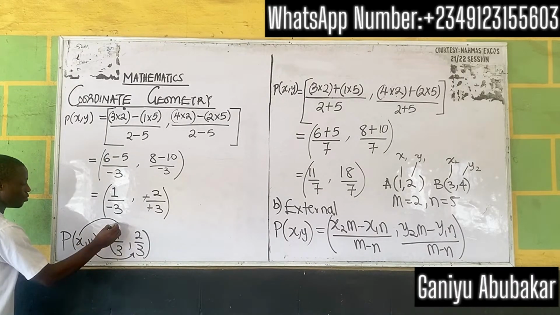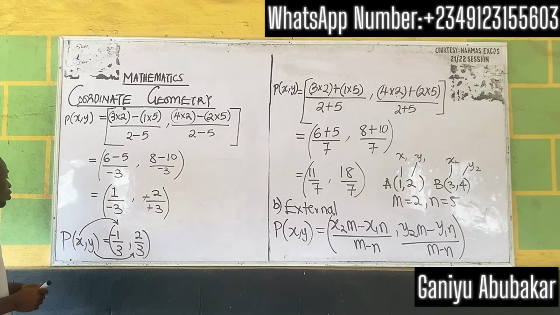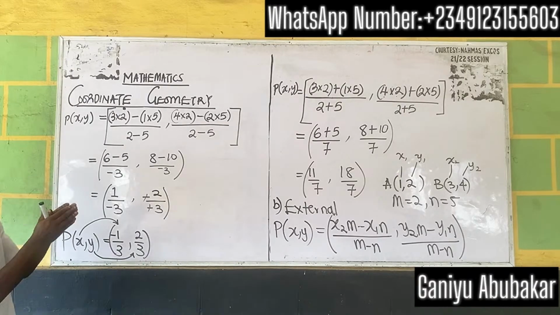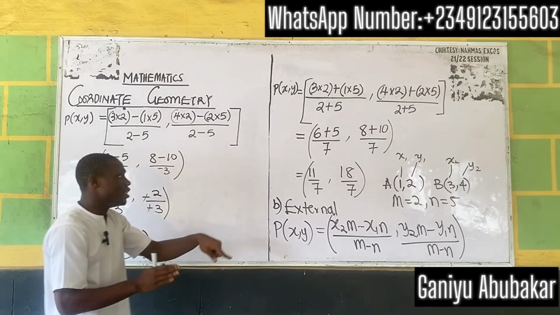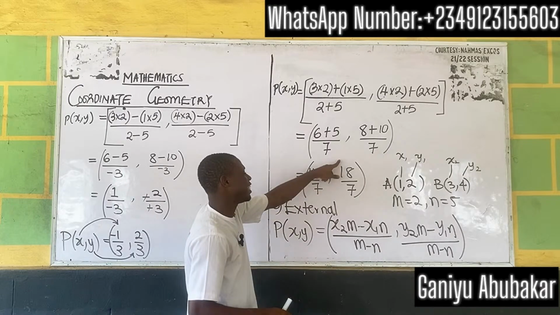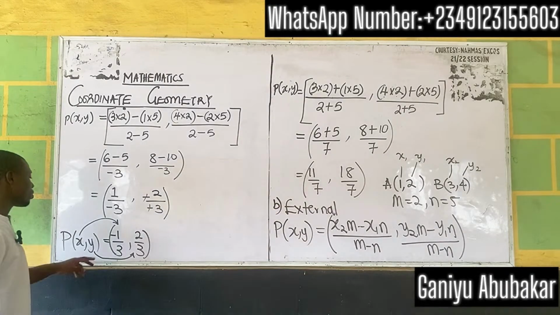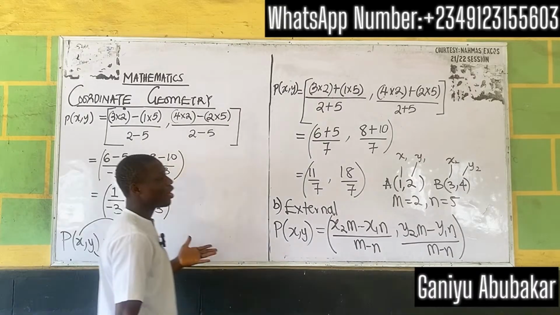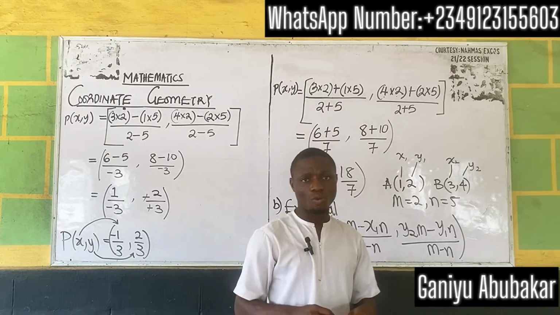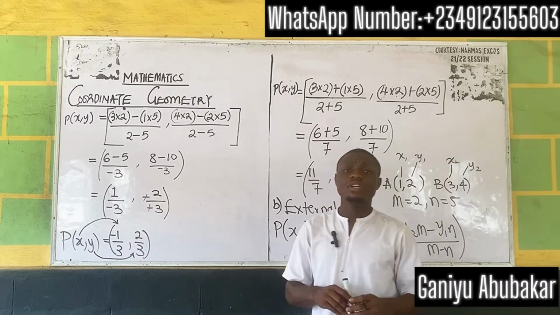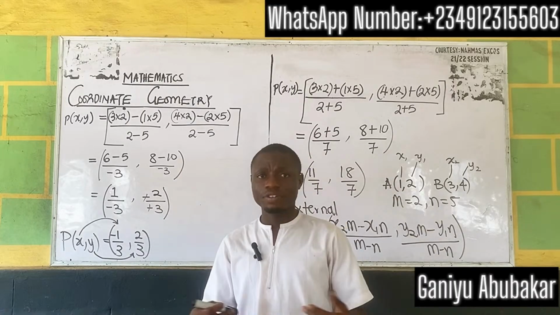So internally the coordinate is 11 over 7 comma 18 over 7, and externally it becomes negative 1 over 3 comma 2 over 3. This is how this concept works, this is how to divide a line into a given ratio.